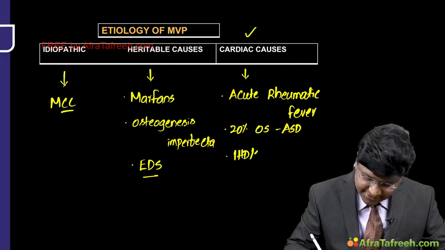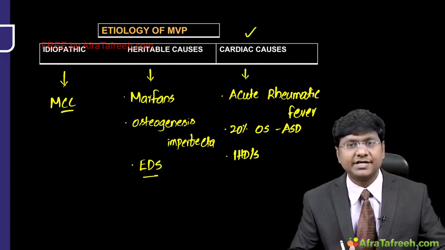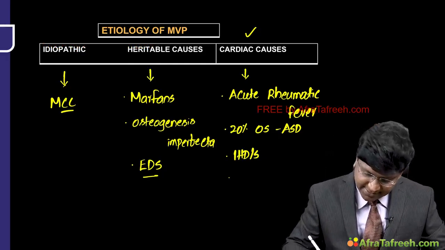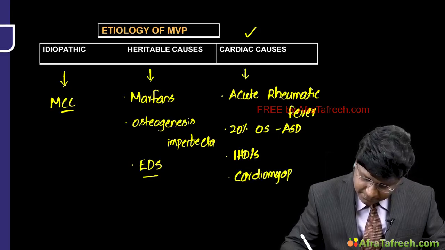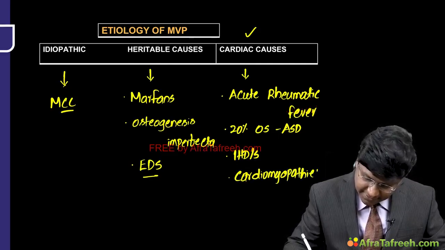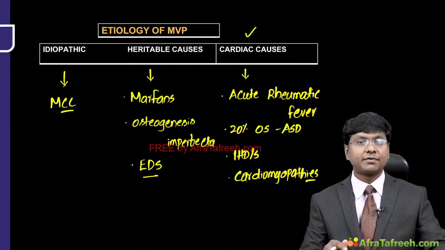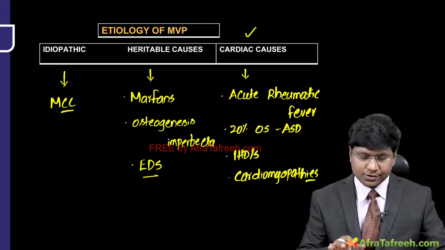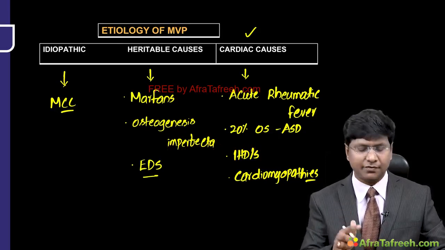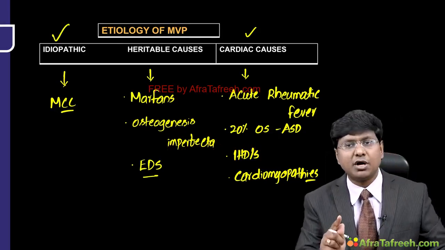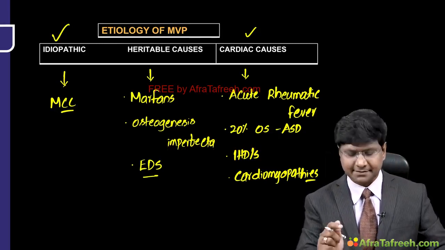Next, ischemic heart diseases and cardiomyopathies are also associated with the development of mitral valve prolapse syndrome. So these are all the etiologies responsible for the development of MVPS, out of which the most common cause is idiopathic.